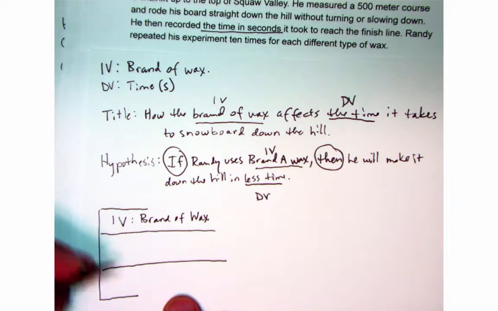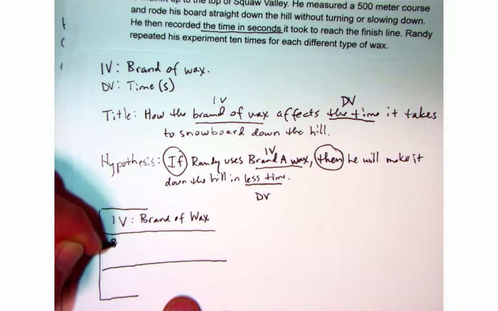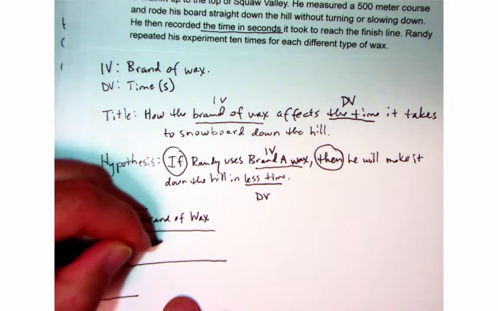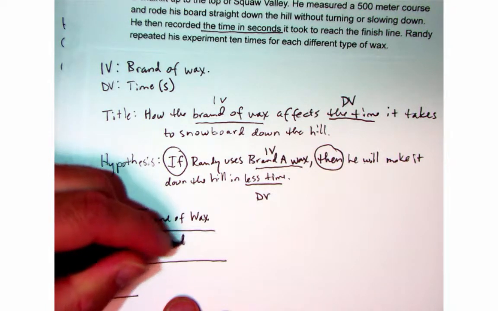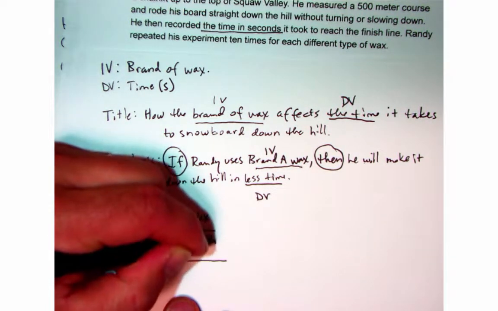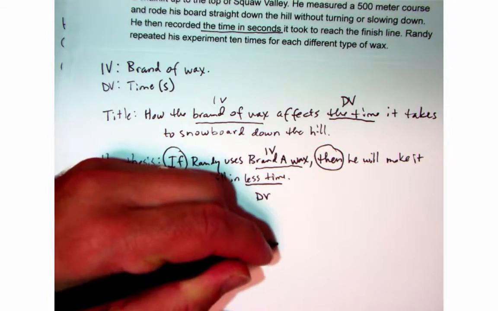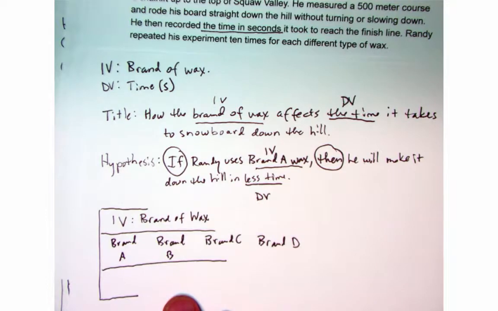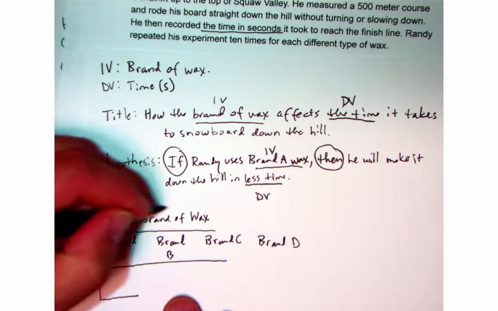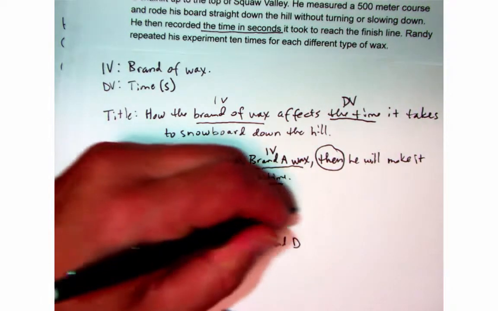And so, when I say the level of variable, I mean the different ways that we're doing the experiment. So we're doing it 4 different ways. We have brand A, brand B, brand C, and brand D.